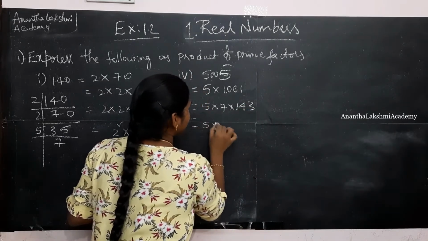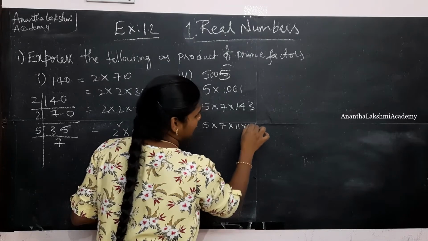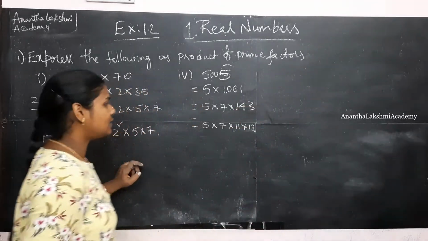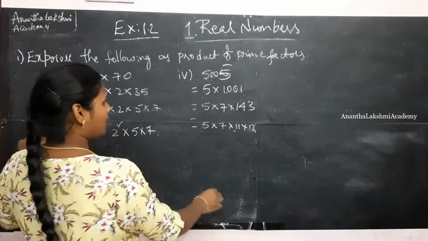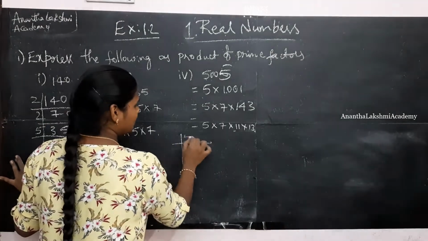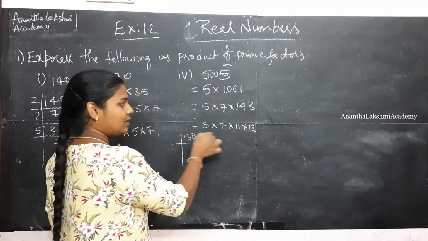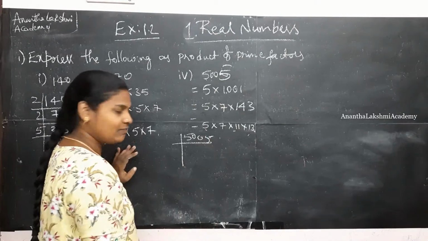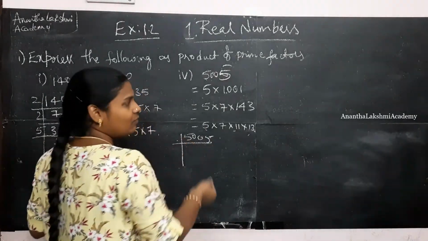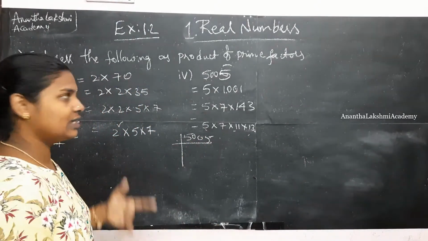Now 5 into 7 into 11 into 13, and 11 into 13 is 143. This is one more way of doing it, or if you are familiar with this process, you can write the prime factors directly. However way you are comfortable, just do it that way.